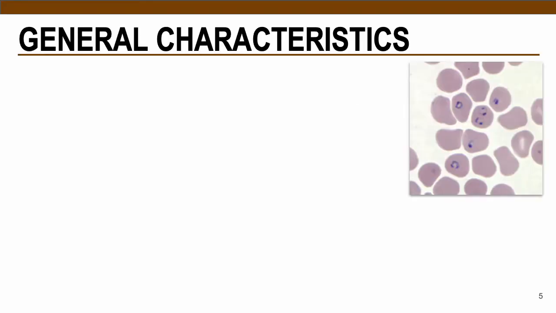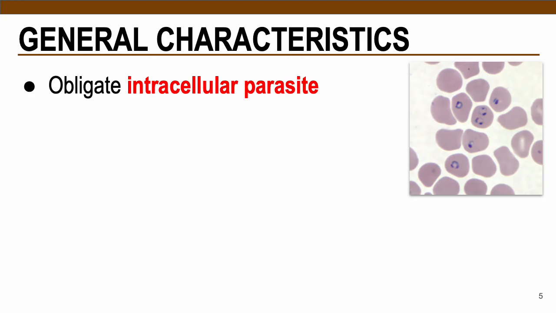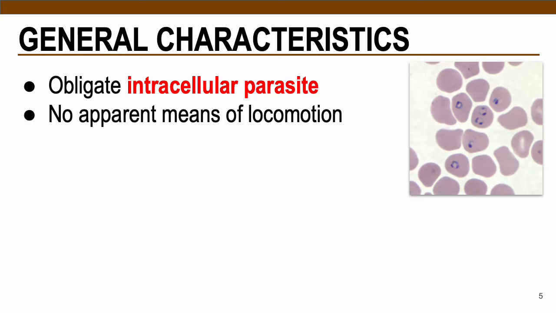So here are the general characteristics of sporozoans. First, they are obligate intracellular parasites. That means they strictly require blood cells for their life cycle. Next, they have no apparent means of locomotion, and in their life cycle, they require two hosts.